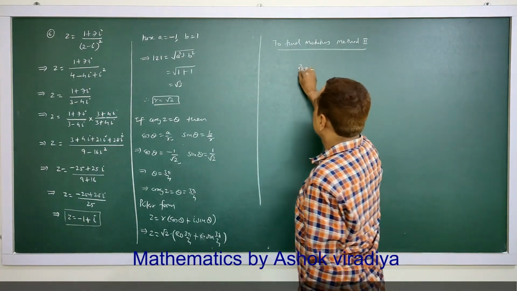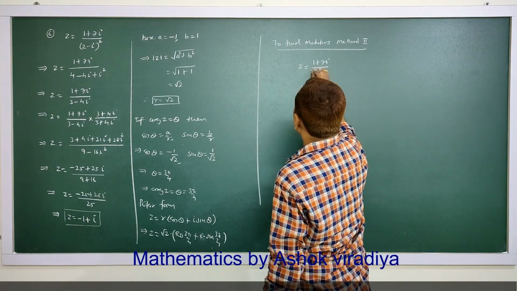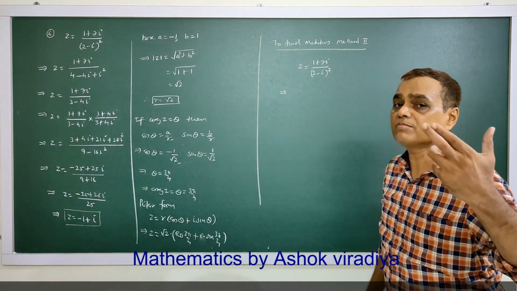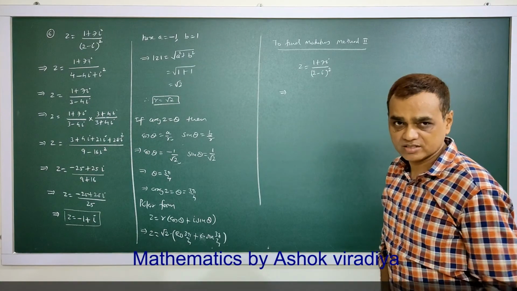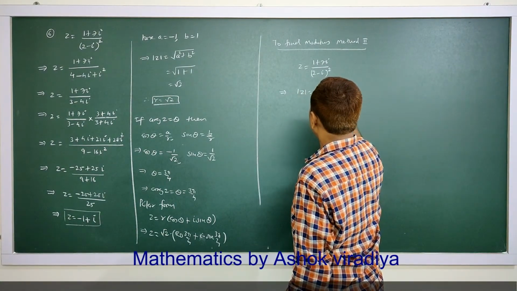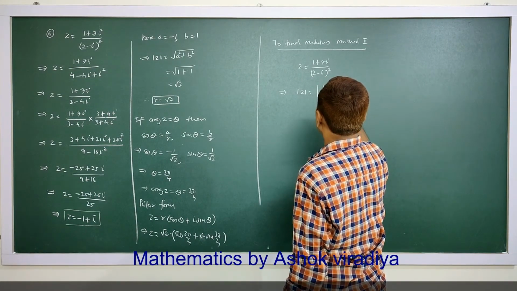So here z is (1 plus 7i) upon (2 minus i) whole square. Without converting into a plus bi form, we can find the modulus. Modulus z is modulus of (1 plus 7i) upon (2 minus i) whole square.